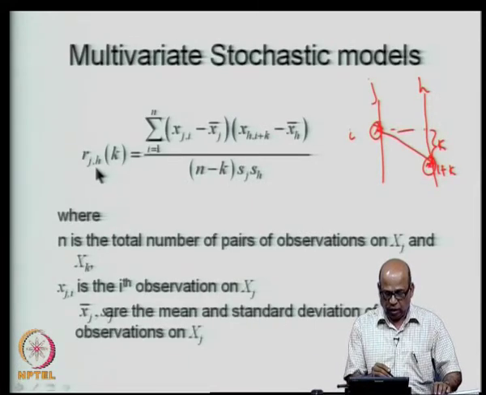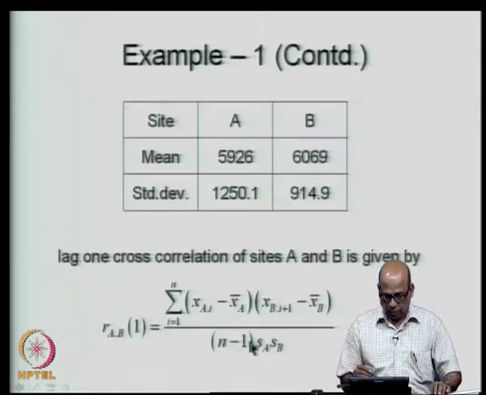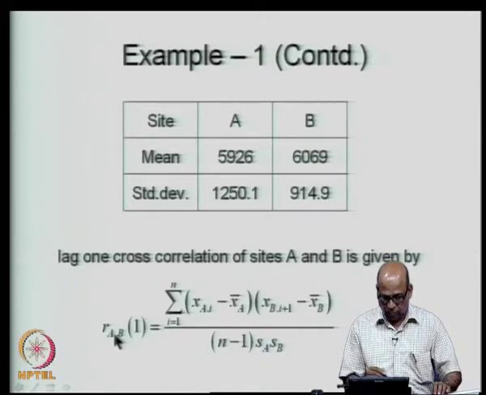Now, this is A and B and lag 1 correlation. So, k is equal to 1 is what I will put here. So, I write R A B, that is the lag 1 cross correlation between the flows at site A and site B, and this is lag 1 and this is the data on A and this is the data on B, one time step ahead.